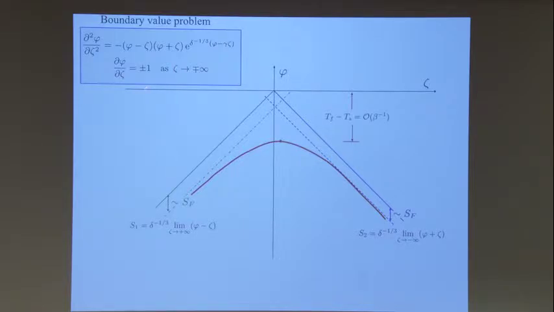But you see, the boundary conditions are on the slope. The value at minus infinity and plus infinity is an outcome of the solution. So out of the solution, what you get is how much the solution deviates from this asymptote, from phi equal to zeta.